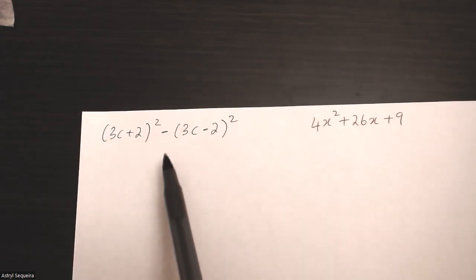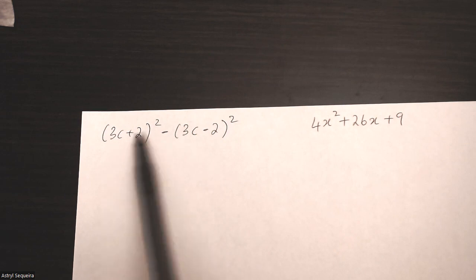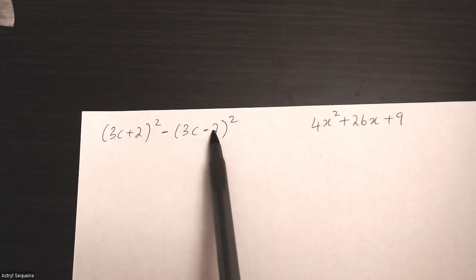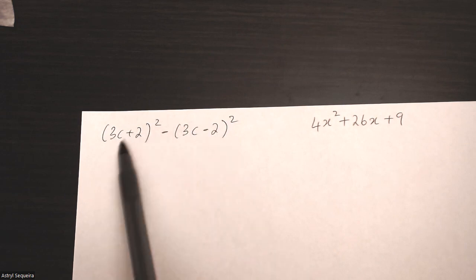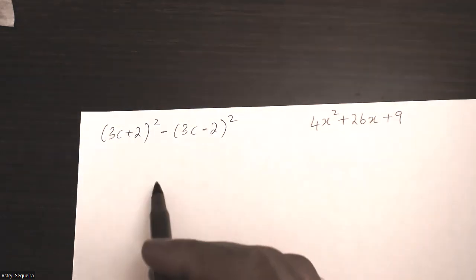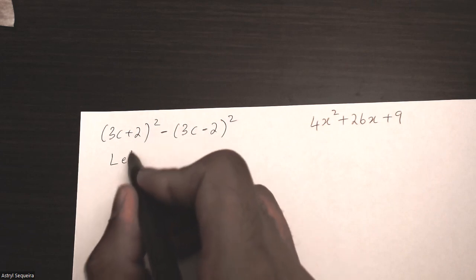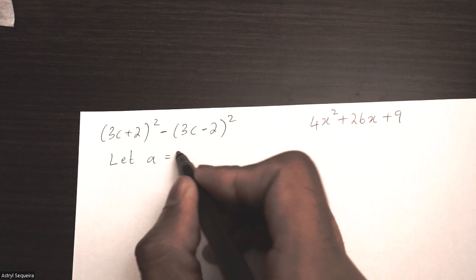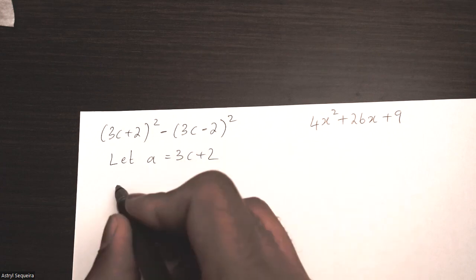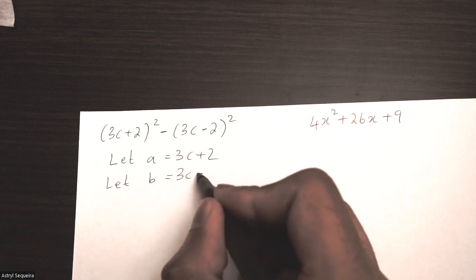Let's try this third question over here. Again, in this third question, you can tell that these two brackets are square rootable, so we can do difference of squares. They're both squared. But again, you don't want to do it instantly. We want to do substitution. We have two different brackets, so we're going to do two substitutions here. I'm going to say let a equal 3c plus 2 and let b equal 3c minus 2.